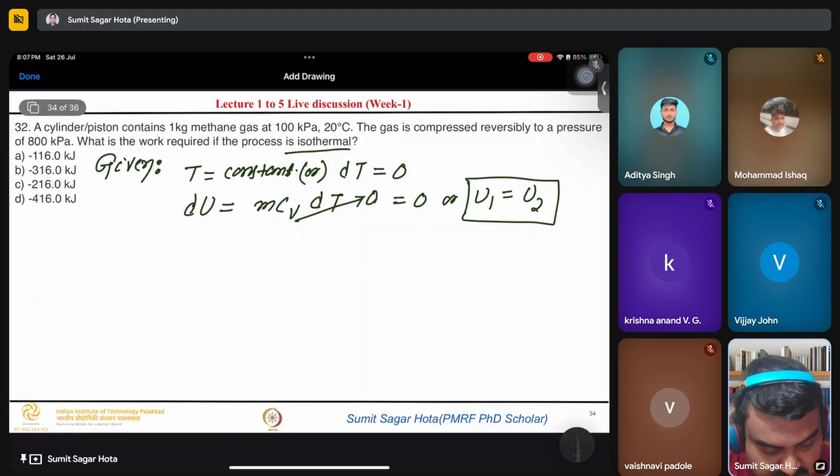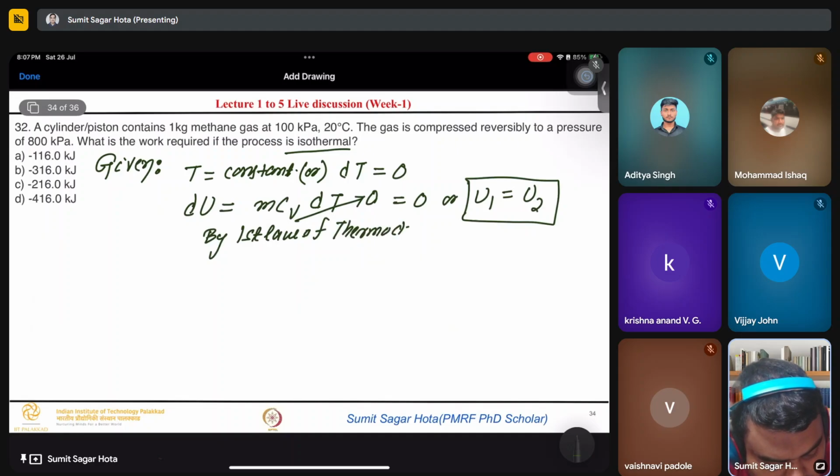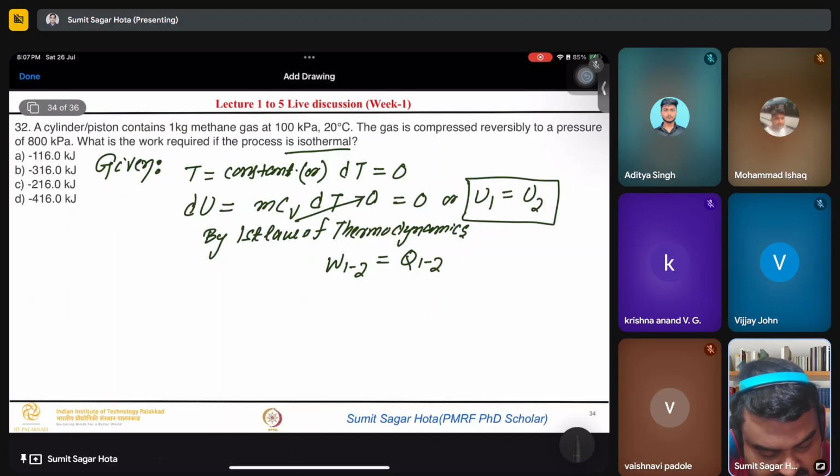So if we apply the first law of thermodynamics, W from 1 to 2 is equal to Q from 1 to 2. For the isothermal process, Q1 to 2 has one formula: minus mRT ln P2 by P1.